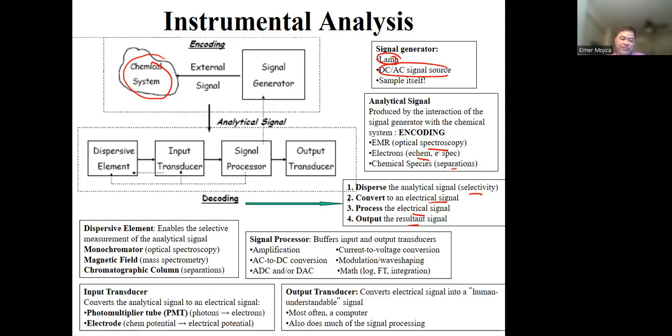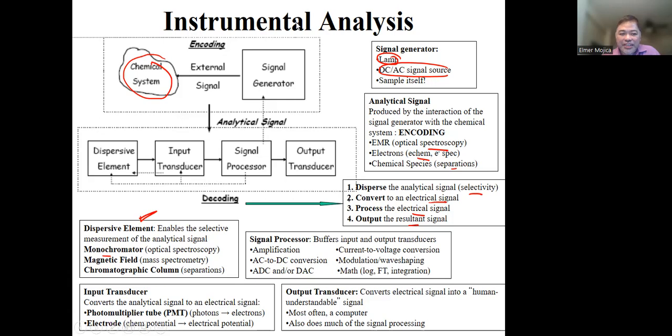So ano yung mga dispersive element na inaano nyo dyan? It depends. If you're looking at the light-matter interaction, you have what we call the monochromator. What does the monochromator do? Anyone? First time you ba narinig yan? What does the monochromator do?